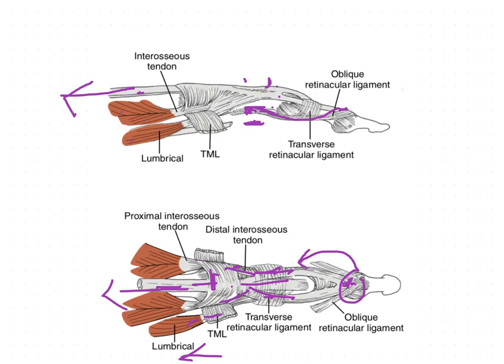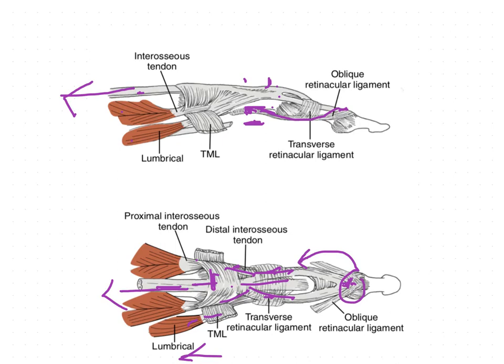The muscular extensor force on the lateral bands is assisted by the passive action of the oblique retinacular ligaments. So this oblique retinacular ligament is also assisting this action. Although it is present volarly, it crosses the distal interphalangeal joint dorsally.